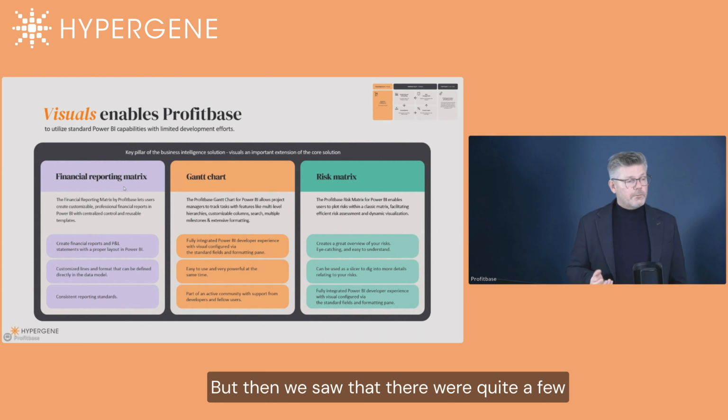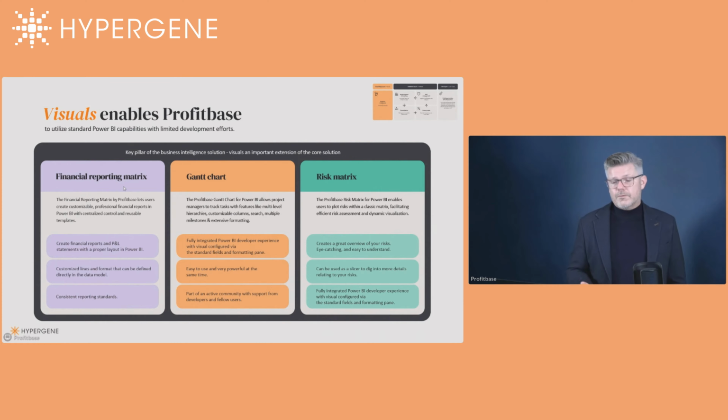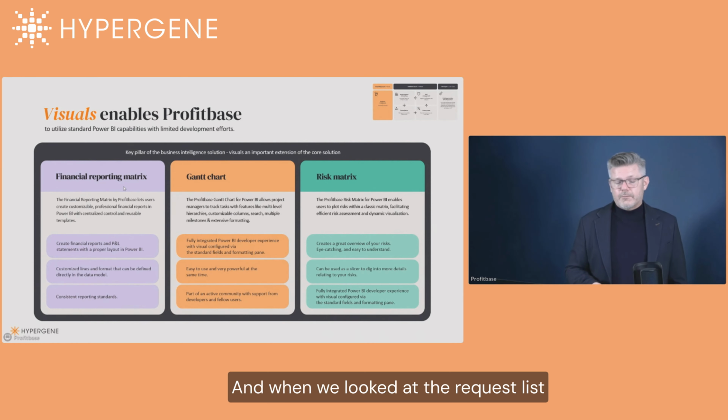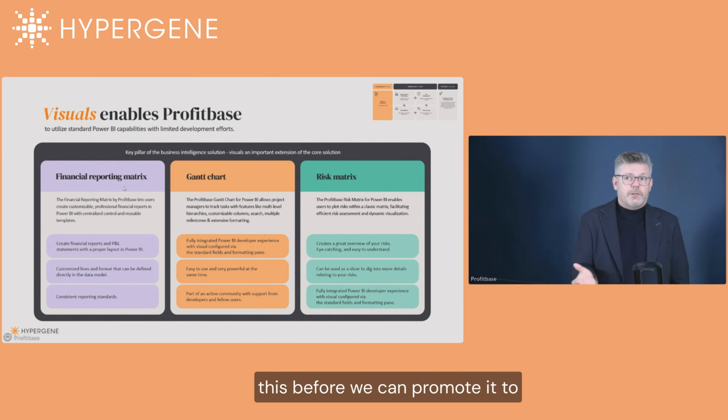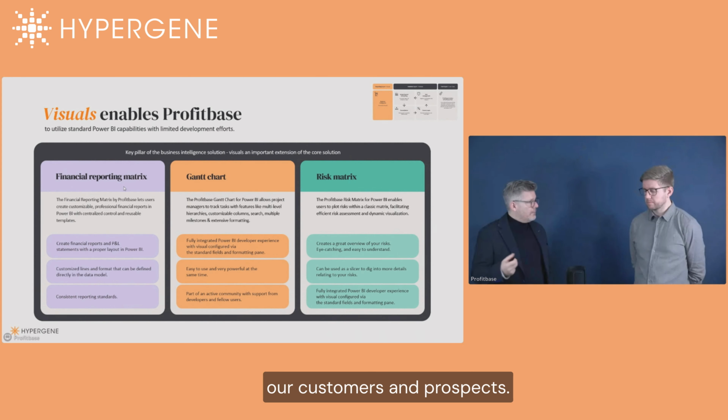But then we saw there was quite a large gap in the actual offering from Microsoft. When we looked at the request list, you cannot expand on columns, subtotals and so forth. So we said, okay, we need to fix this before we can promote it to our customers and prospects.